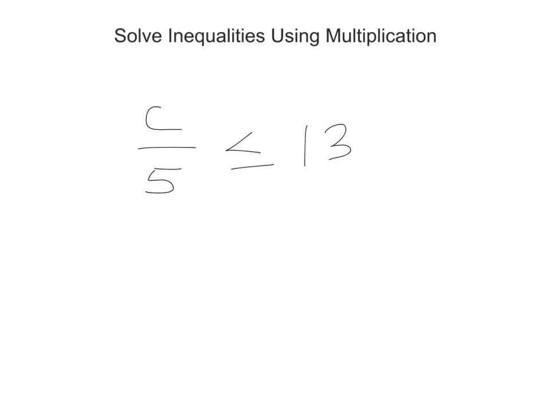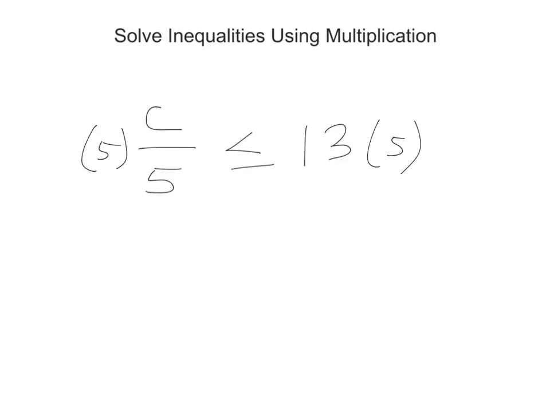Well, we know that our goal in algebra, like we've been talking about all year, is to isolate this variable of c. So we're going to isolate working more on this side of the equation because this is where our variable is. So to do that, we're going to multiply both sides by 5.